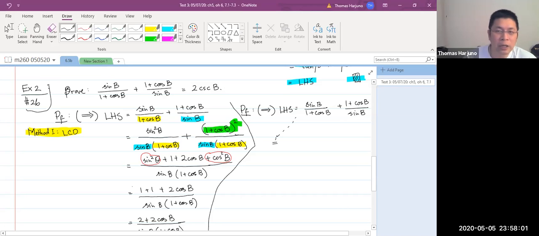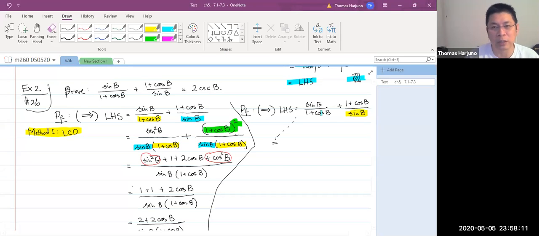The other technique that I will show you is to multiply by the conjugate. Notice that this is already one denominator, only one term. I have an issue with this. There are two terms here.